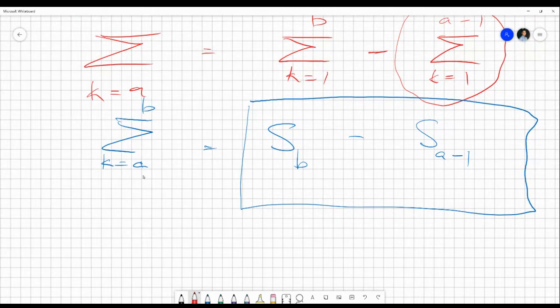So if it starts at a, this needs to be a minus 1, because you do not want to subtract the a term, because it's going to be included in this summation. So we do S of b, the ending number, minus S of 1 less than your starting number.